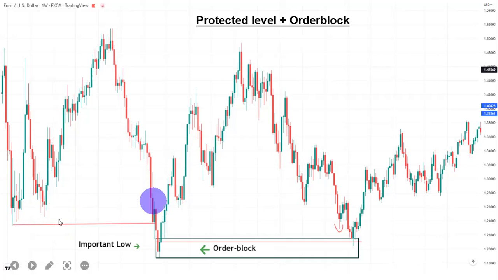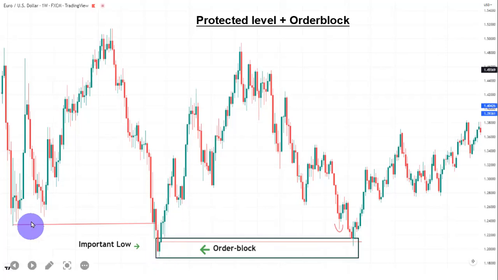Market retraced back into that level and then rallied very strongly back to the upside, which is evident that the big traders are buying. If they are buying here, understand that they wouldn't want to allow price to fall below that point. This is what makes it the protected level.